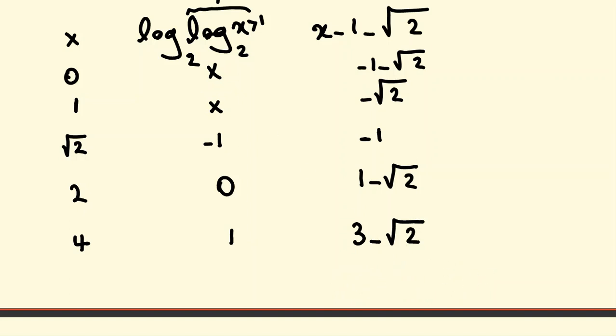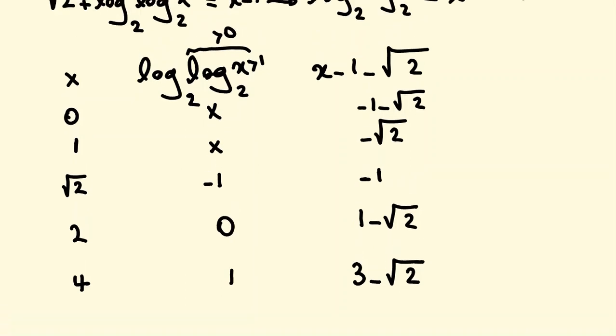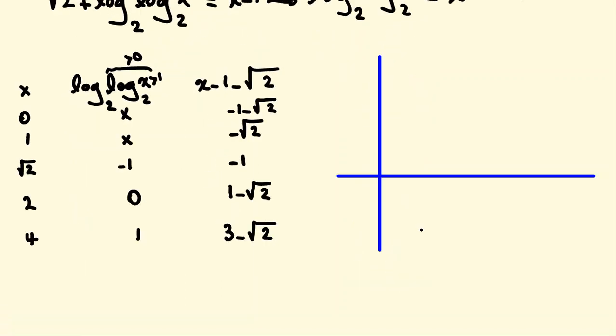So let's draw the function approximately. Okay, so let's consider these two functions. For example, x1, x2, x3, x4, and also let's consider negative 1, negative 2, negative 3 here. And if we consider x equal to 0, this one will be negative 1 minus root 2.